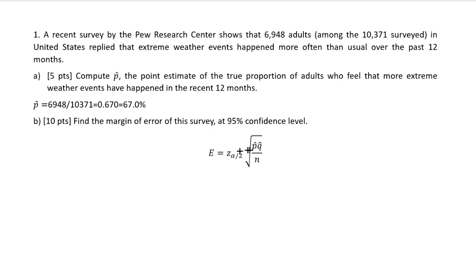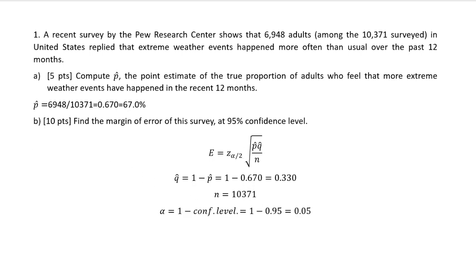And we also need to know what each of these variables mean, where P hat is already given to us from part A, but Q hat, by definition, is 1 minus P hat, so 1 minus 0.670 gives you 0.330, and that's what we will use for Q hat. N would be the sample size, because we surveyed 10,371 people. That's the value of N.